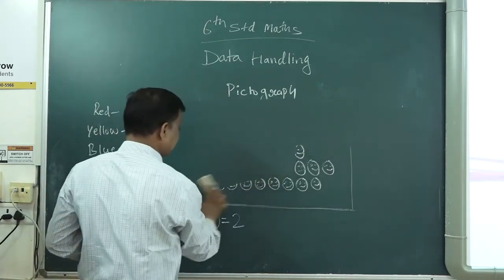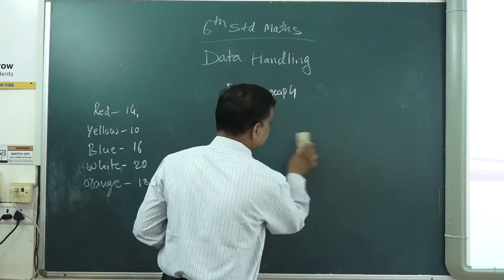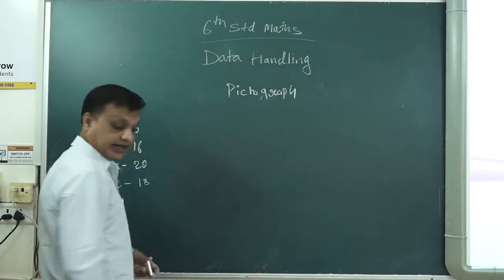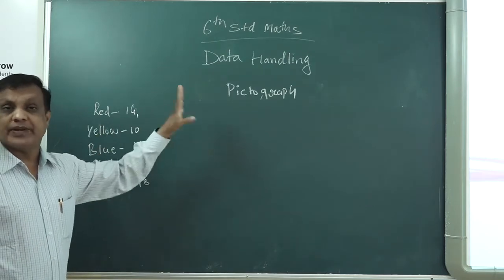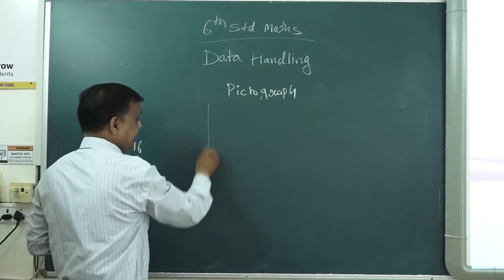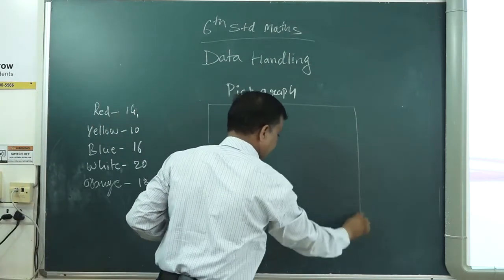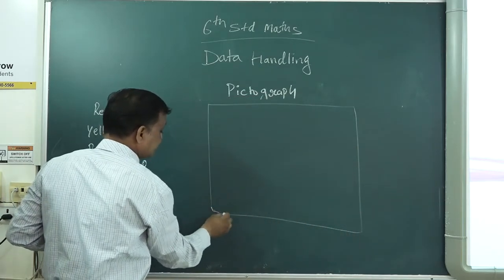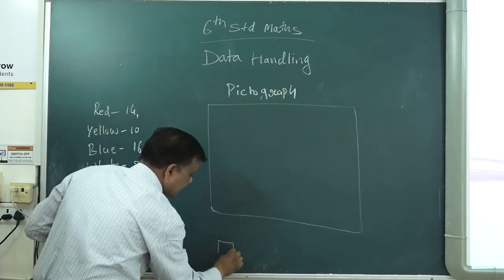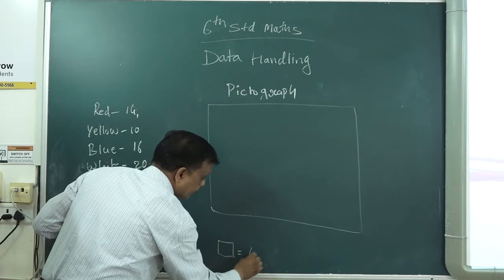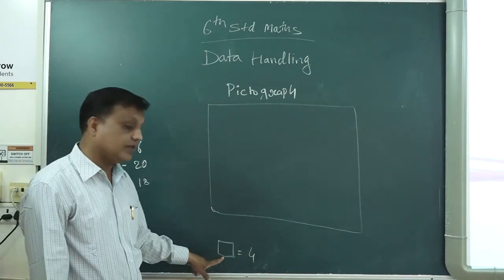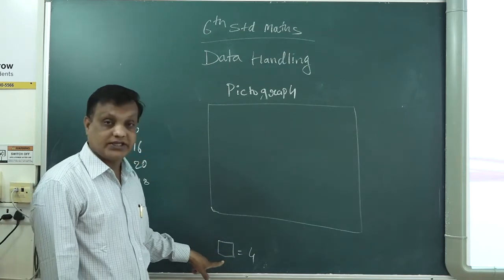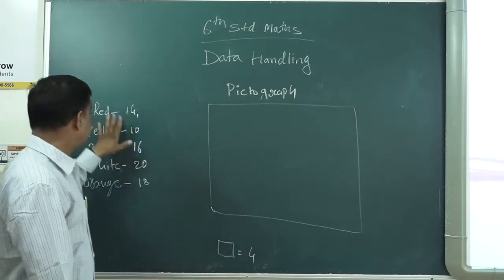Now the same question I am changing. Here it is given. Now I am drawing the same pictogram in a different way. This time I am taking 1 square means 4, because before I took a face, now I take a square, which has 1, 2, 3, 4 lines. That's why I am taking 4.